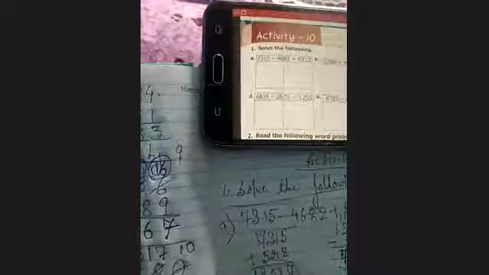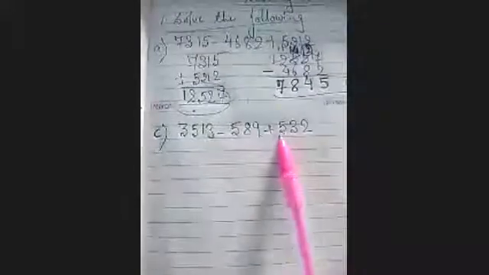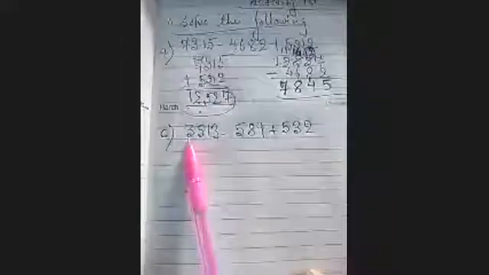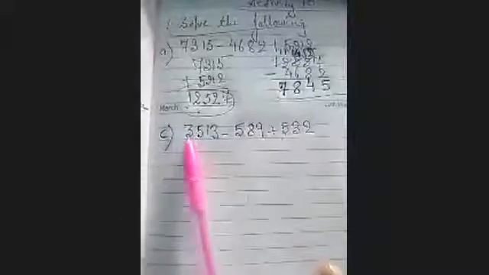And plus and minus becomes minus. But here it is plus and here no sign is given. If there is no sign given, it means it is plus.